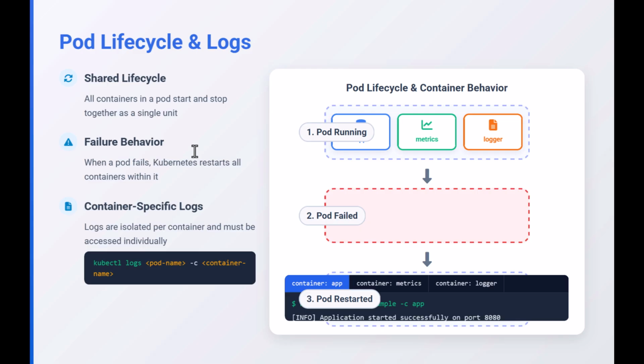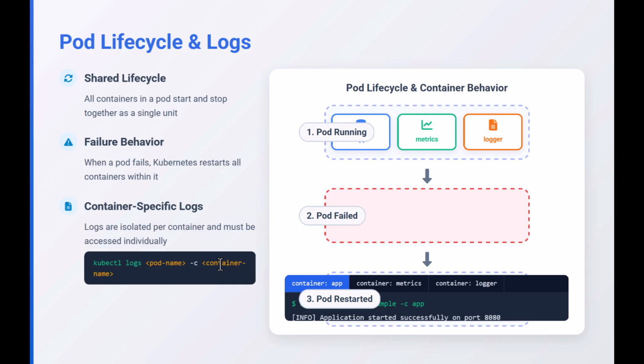Now let's dive into container-specific logs. In a multi-container pod, logs are not shared across containers. You have to target a specific container using the -c flag. For example, you run kubectl logs pod-name -c container-name. This command lets you inspect the logs for an individual container like app, metrics, or logger.